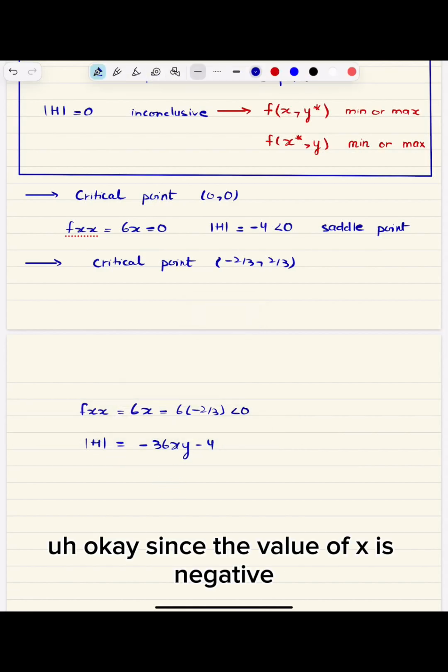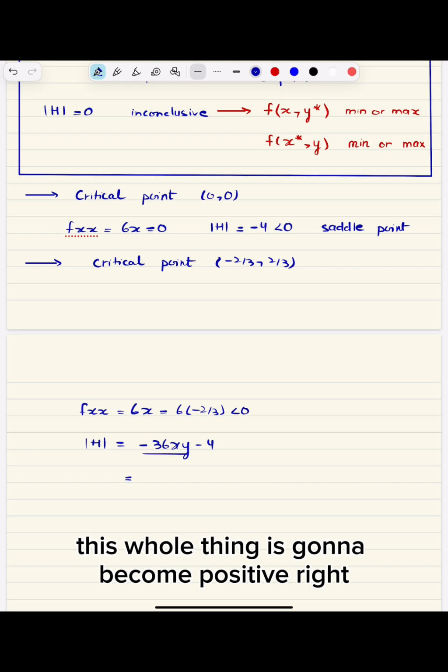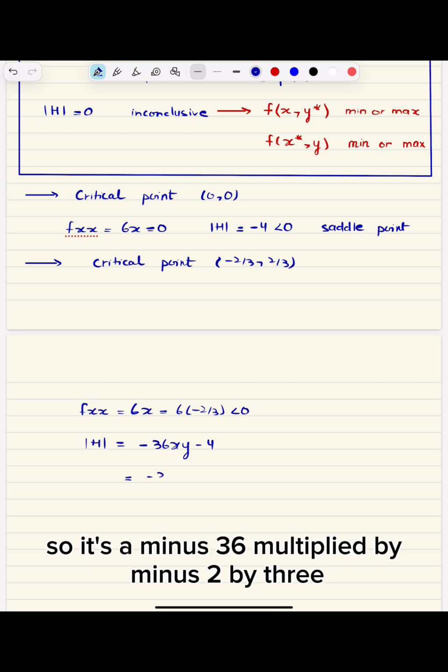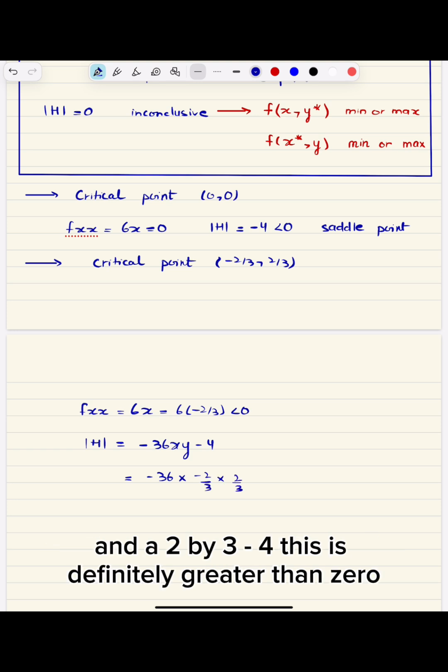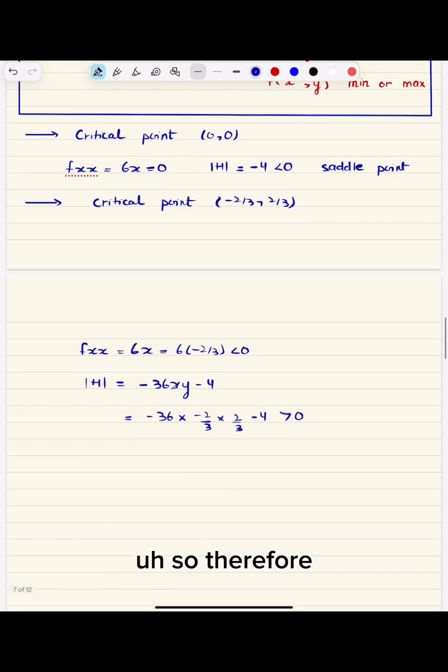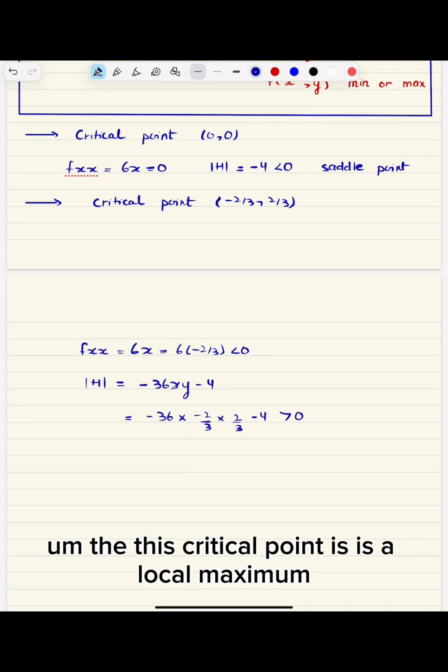Since the value of x is negative, this whole thing is going to become positive. So it's minus 36 multiplied by minus 2/3 and 2/3, minus 4. This is definitely greater than 0. So therefore, this critical point is a local maximum.